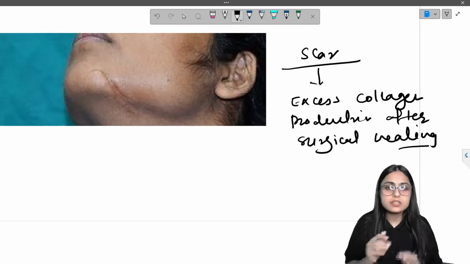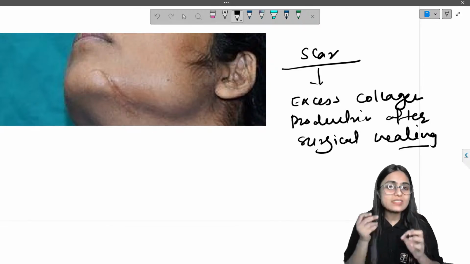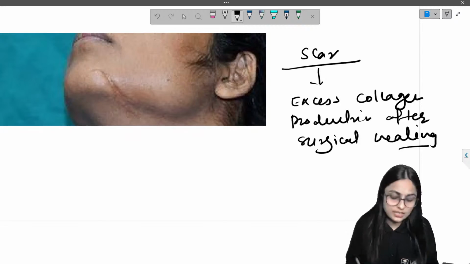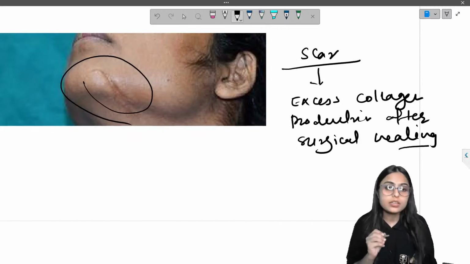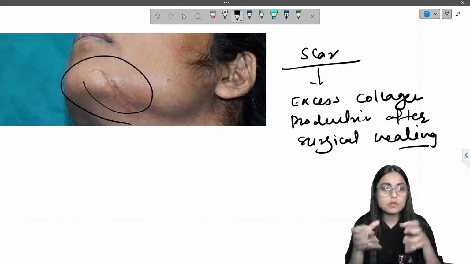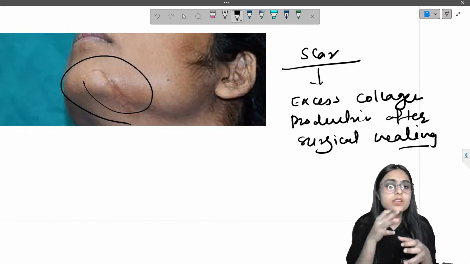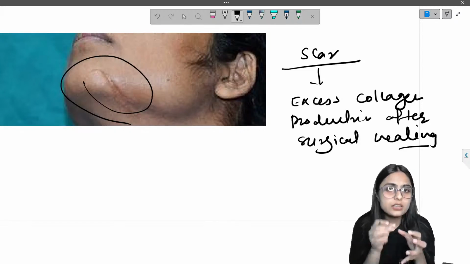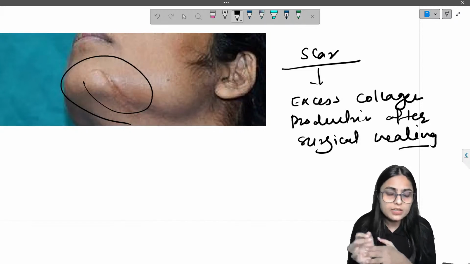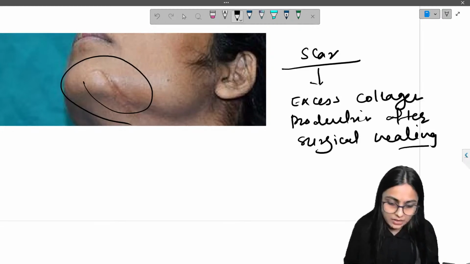When a person undergoes any surgery, at the incision area you will see this scar formation. So scar is also a secondary lesion. Excessive collagen formation at the site of surgical incision, right? So this is a scar.